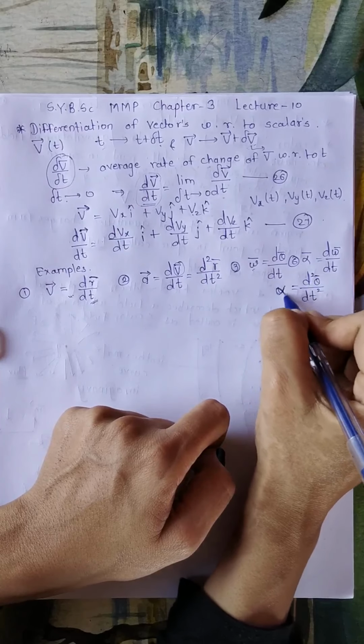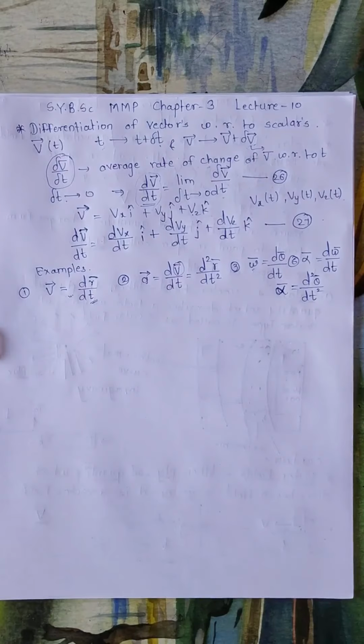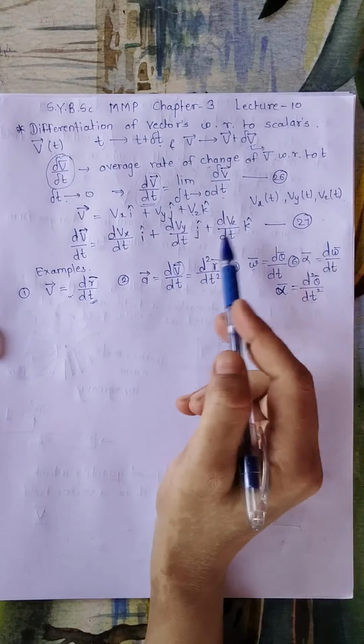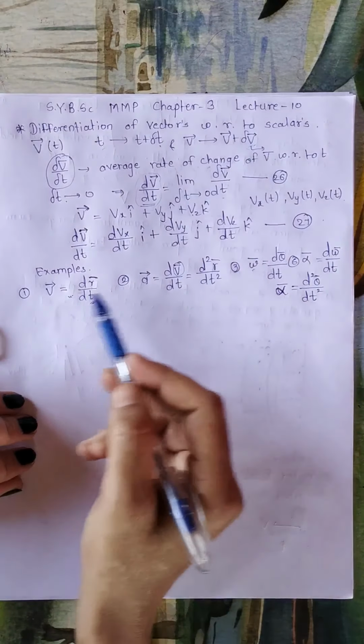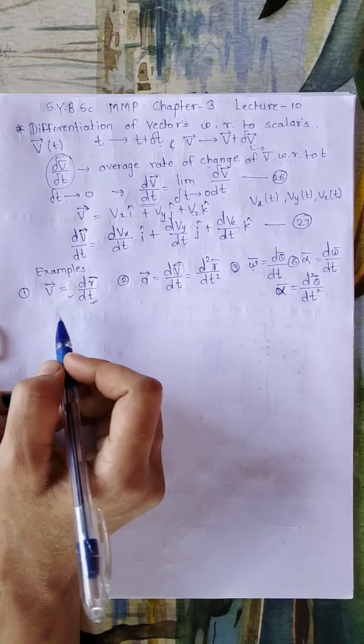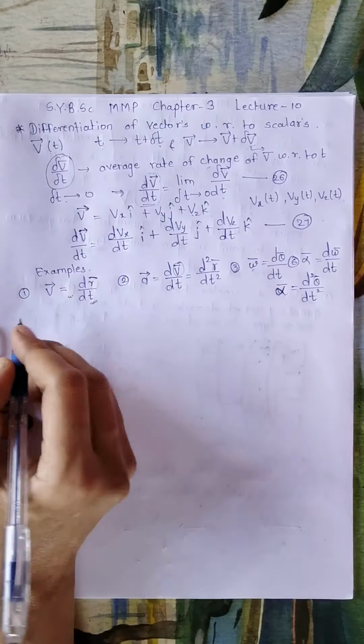This is nothing but your angular acceleration. These are a few examples, and these derivatives can also be worked out in polar coordinates. These are taken in Cartesian coordinates, but this will also be used in polar coordinates.